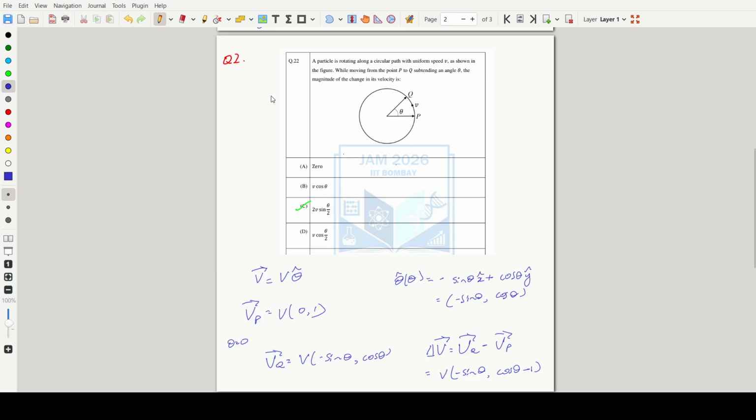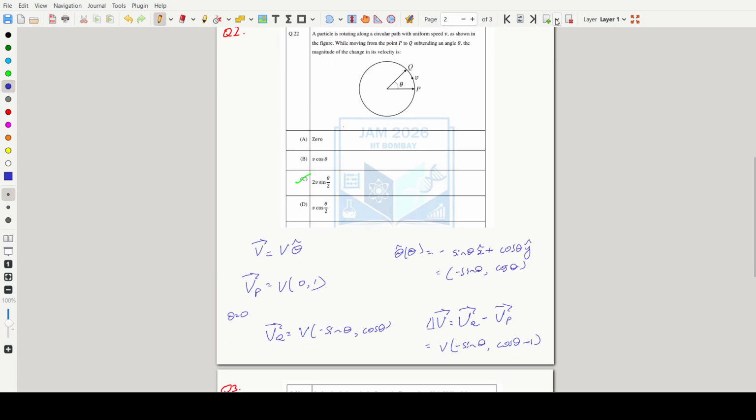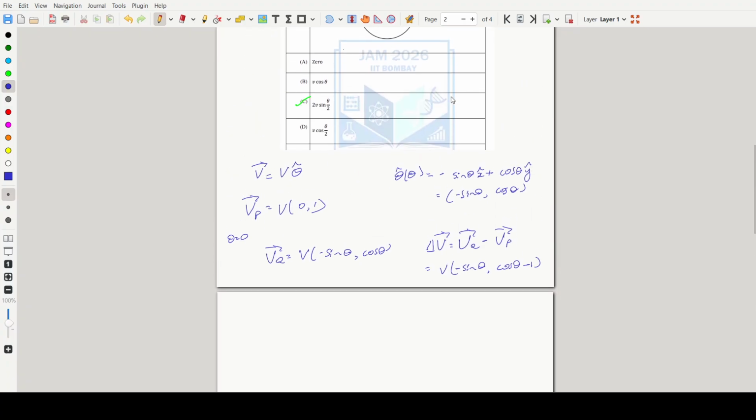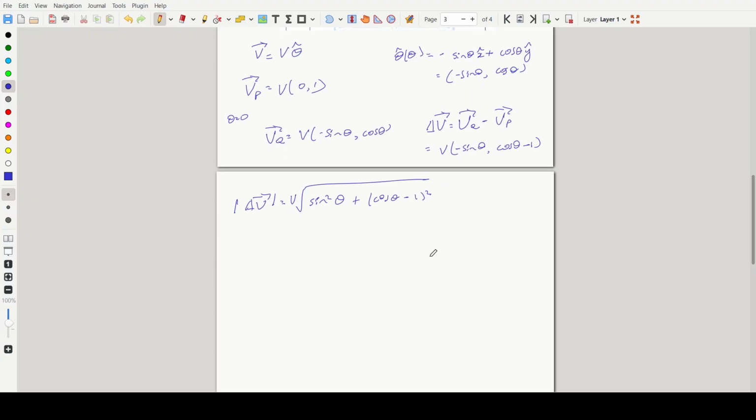Let me open a new page. Now all that's left to do is just find its magnitude. So it's the square root of, V comes outside, sine square theta plus cos theta minus 1 the whole square.